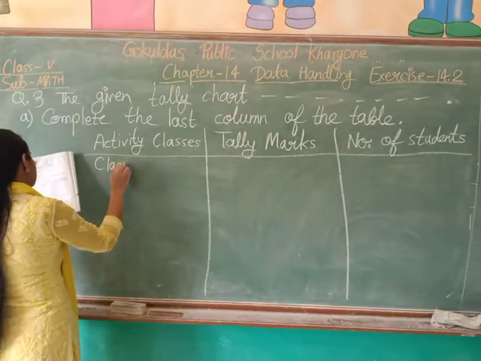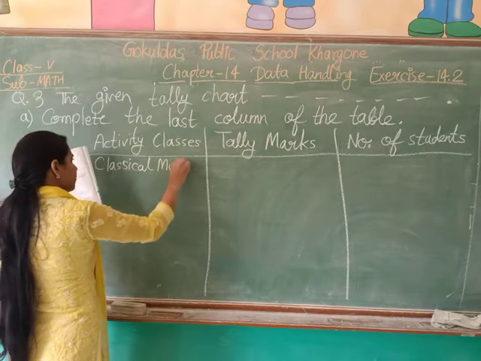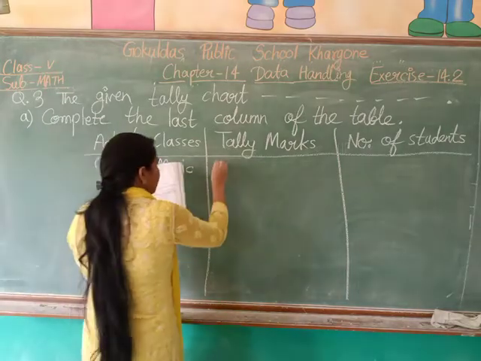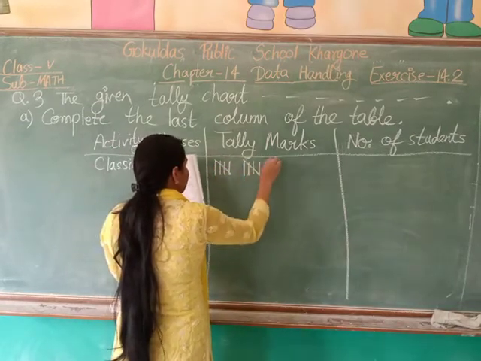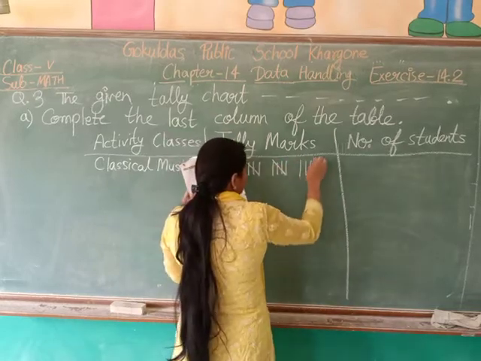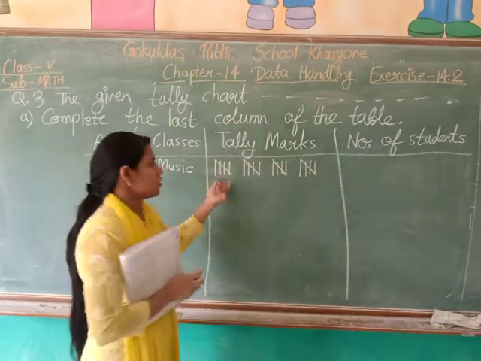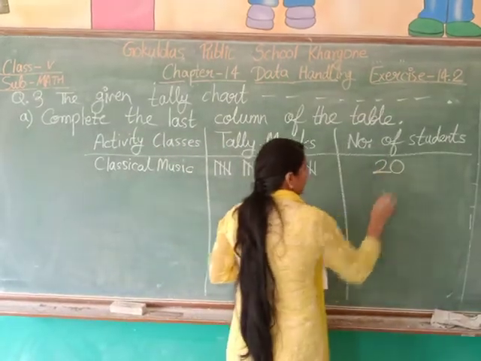First activity is classical music, and the given tally marks are 1, 2, 3, up to 20. So these tally marks are representing the number 20. So I am writing 20 in the last column.